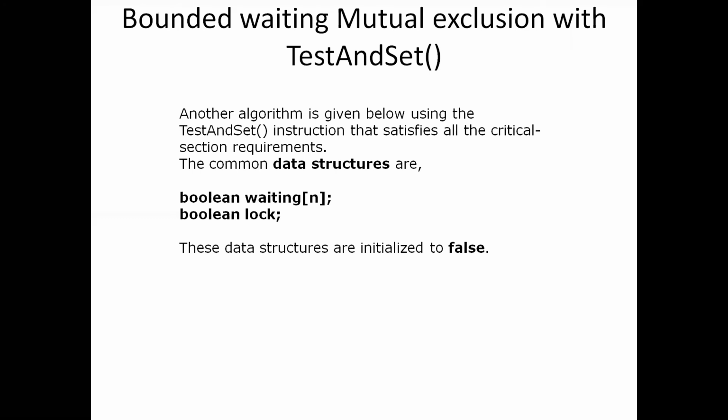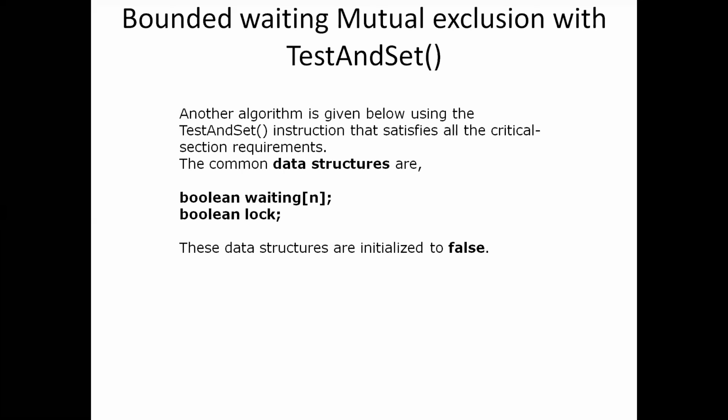If they are waiting to enter, the waiting entry will be set to true. If process 0 is wishing to enter into the critical section, waiting of 0 will be set to true.